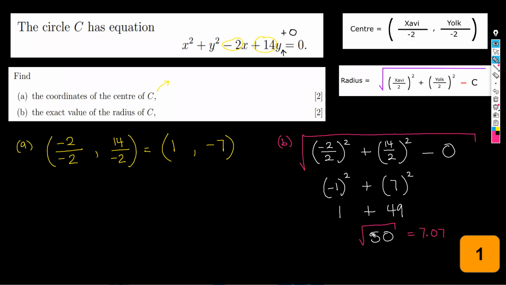Now, 50 is not the simplest version of this surd. Let me help you simplify it here. 50 is the same thing as 2 multiplied by 25. I think we could all agree with that.